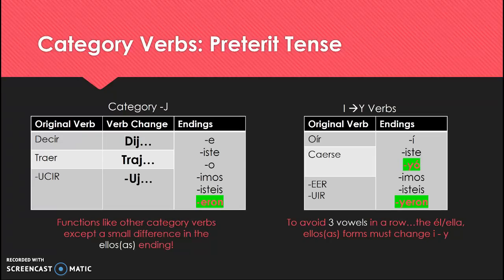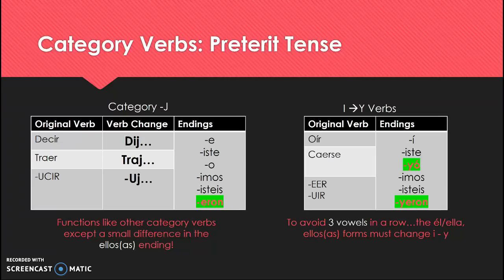And what happens here is when we remove the IR in oír, and we go to put on the endings, 2 vowels is okay. Oíste, 2 vowels is okay. But if we used our normal IR ending, we would get O-I-O in the él form. 3 vowels is not allowed in Spanish unless you can accent the middle vowel.